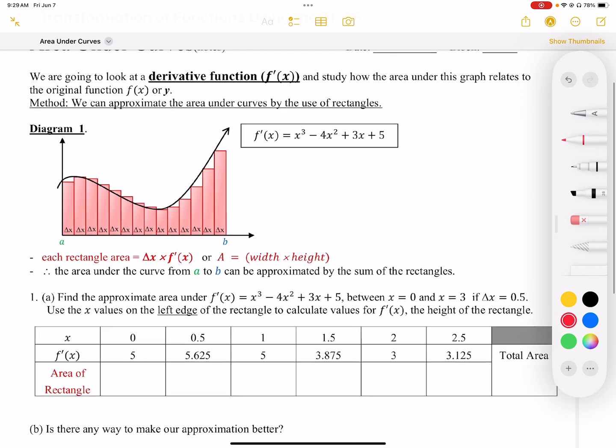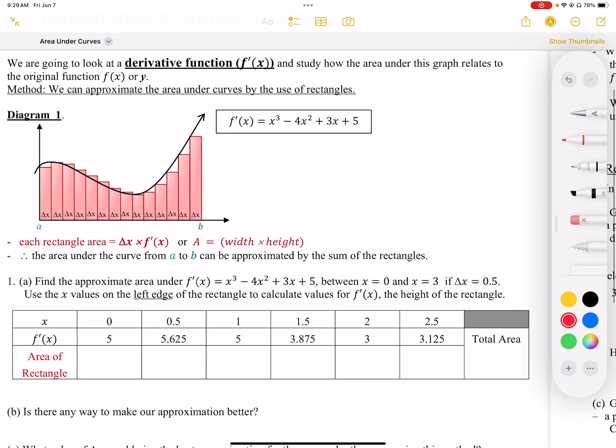So here I've given you the y coordinates of that f prime graph, so that cubic function, x cubed minus 4x squared plus 3x plus 5. We've been given x coordinates and also the y coordinate, or how high that graph is. And we're going to calculate the area of each one of those rectangles.